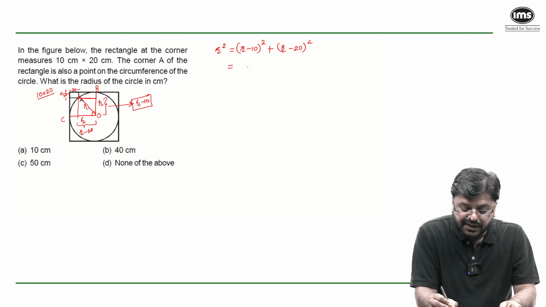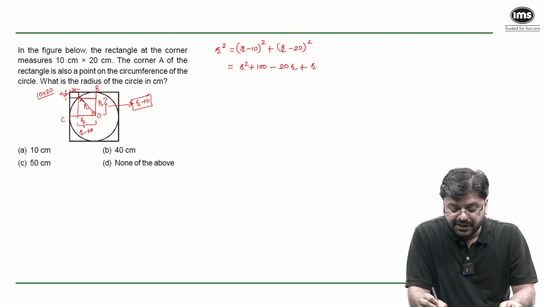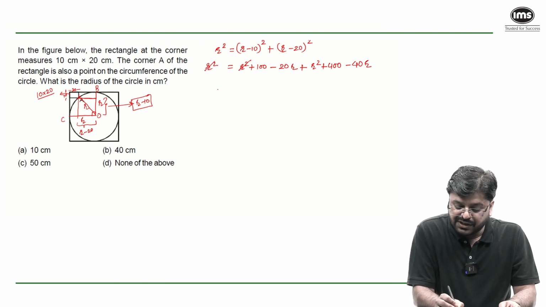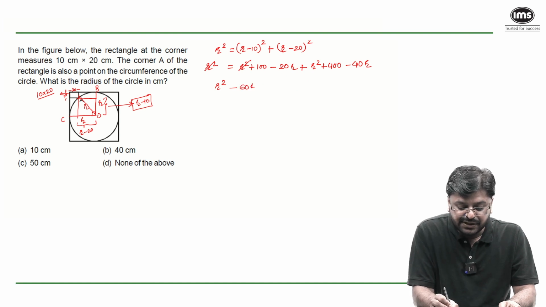Expanding, this is a square plus b square minus 2ab, plus a square plus b square minus 2ab. We can cancel R square and R square. So what is left is R square minus 60R plus 500 equal to 0.